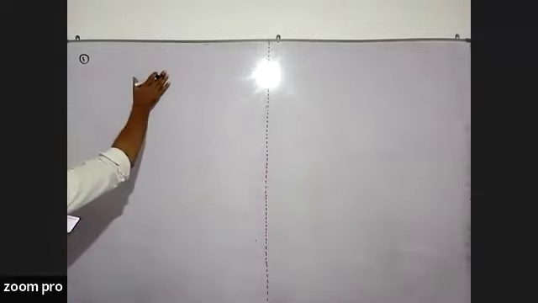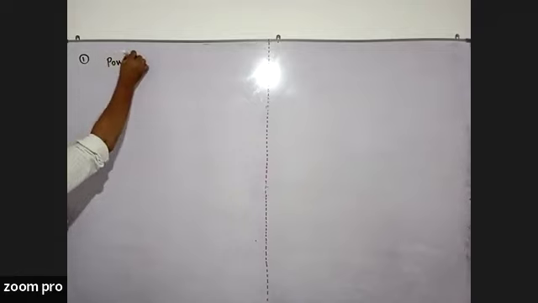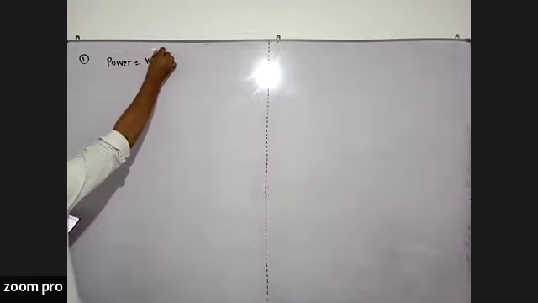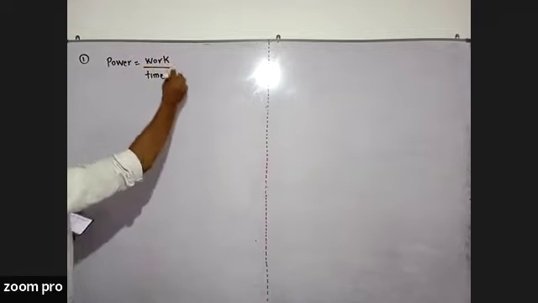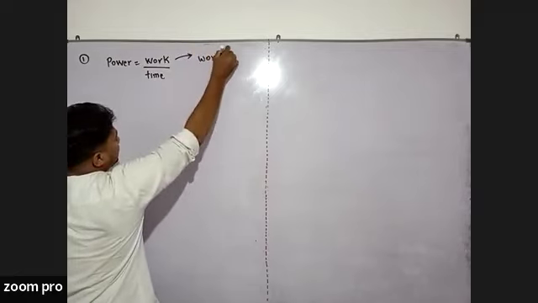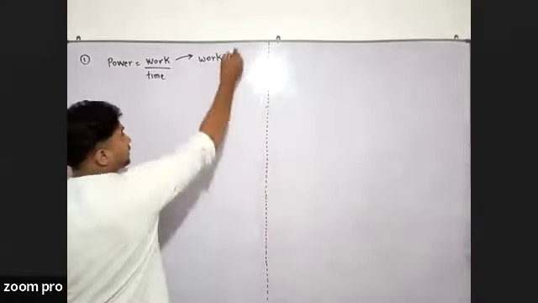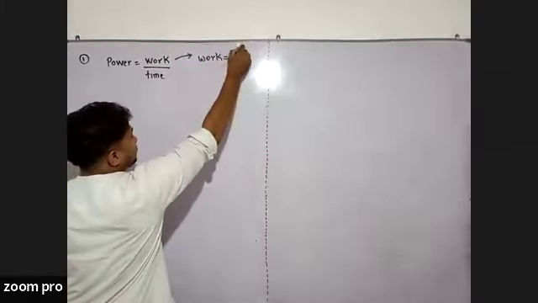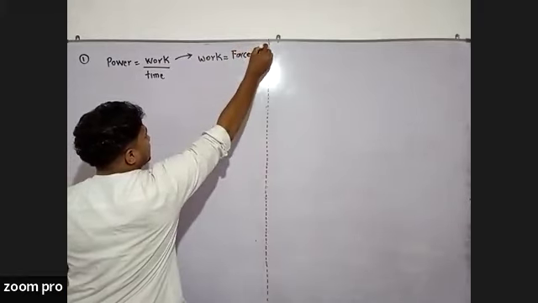Right? So how do you obtain the dimensions of power? Power means work over time, right? To obtain the dimensions of work, you should have an idea about these relations, these equations. Work is equal to force into distance, right?